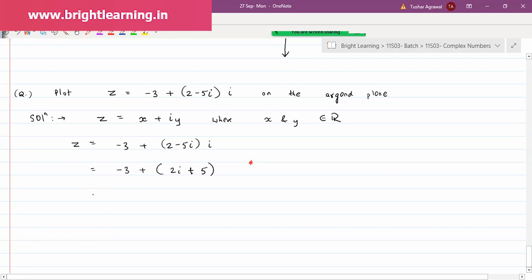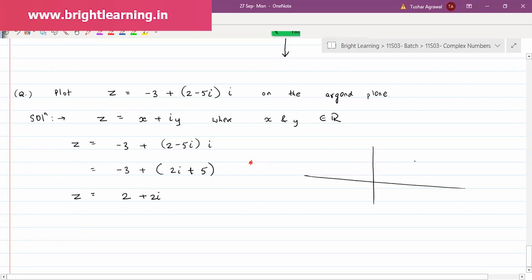So this will be negative 3 plus 5, which is 2, and 2i as it is. So I have converted z in the form of x plus iy, where x and y are purely real numbers. Now I can plot this point on the complex plane.